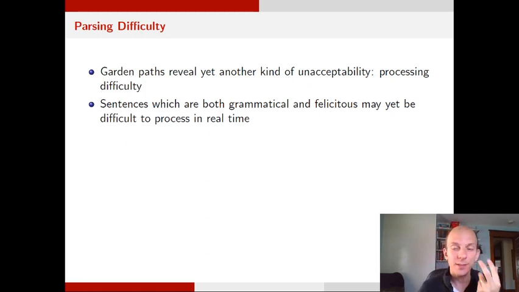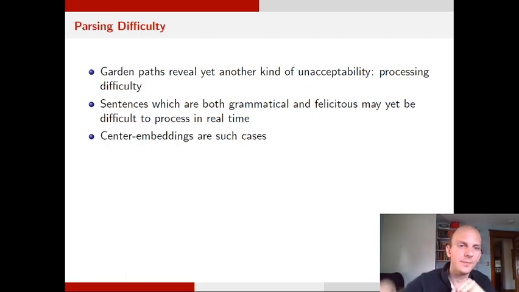There's also semantically weird sentences, right? These are things like colorless green ideas sleep furiously, a famous Chomskyan sentence. We already had these two flavors of unacceptability, ungrammaticality and semantic oddity. And so maybe we need to add a third type of unacceptability or a third type of descriptor, which is cognitive processing difficulties. So it's not that it's ungrammatical. It's not that it doesn't make semantic sense. It's that it's hard to process.